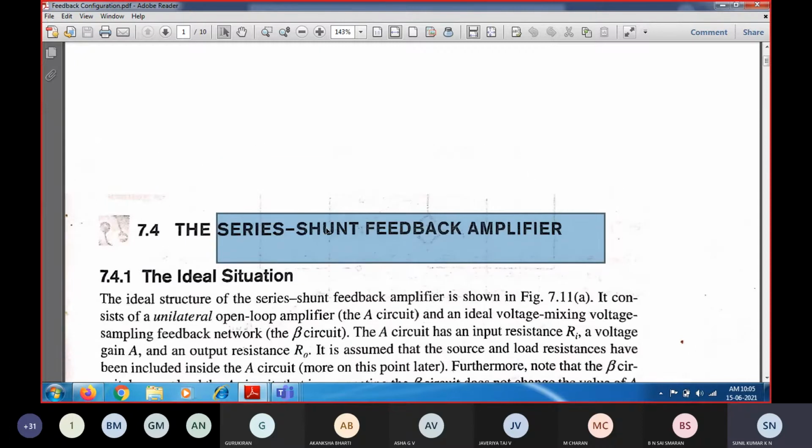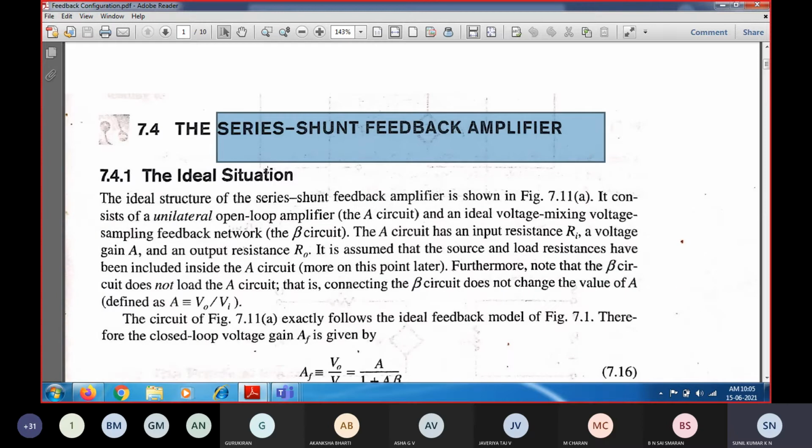So you should remember, shunt configuration at the output side means you should think that it is a voltage type signal, and series type at the input side. So in the series shunt configuration, we are going to have a voltage amplifier. The first example we are going to take for the series shunt amplifier is nothing but a voltage amplifier.